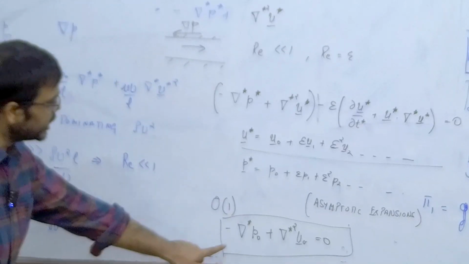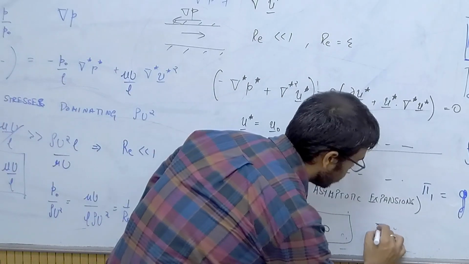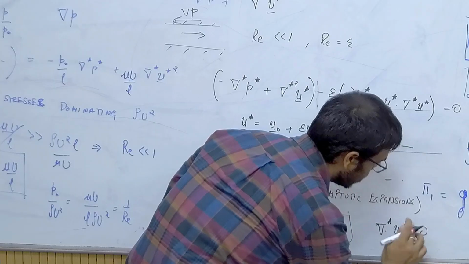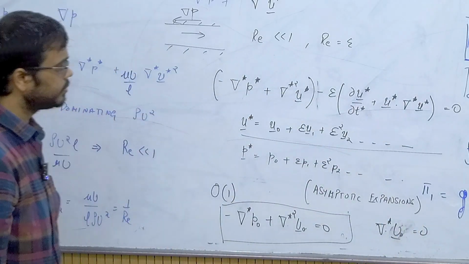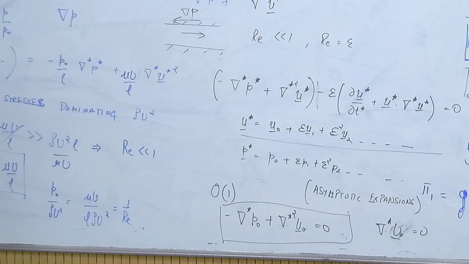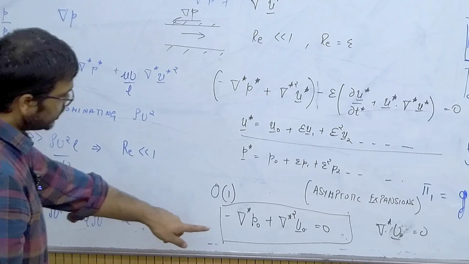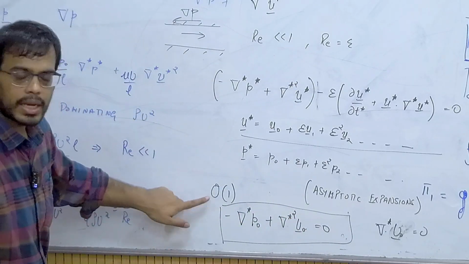There are still two variables in this. So, we of course have another equation which you can confirm is going to remain the same, and that will be this. So, these are the two governing equations which we have for low Reynolds number flows at order 1.